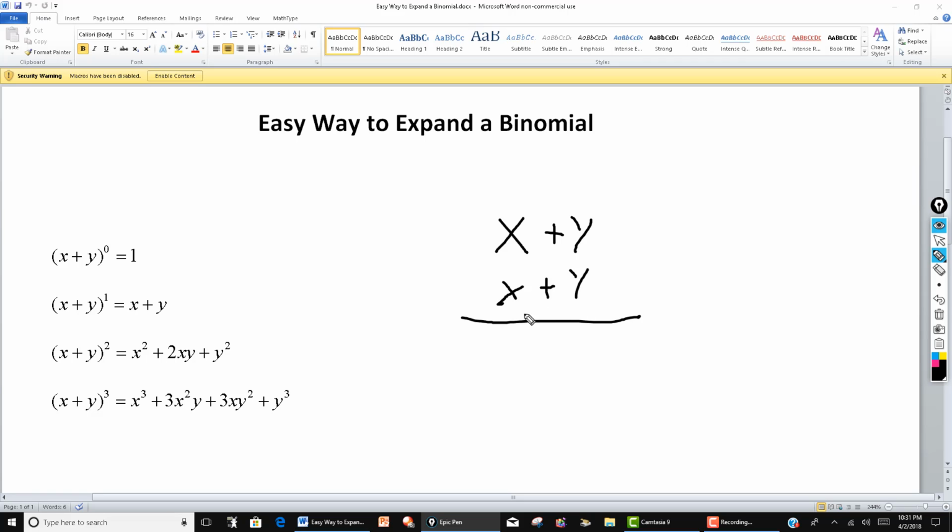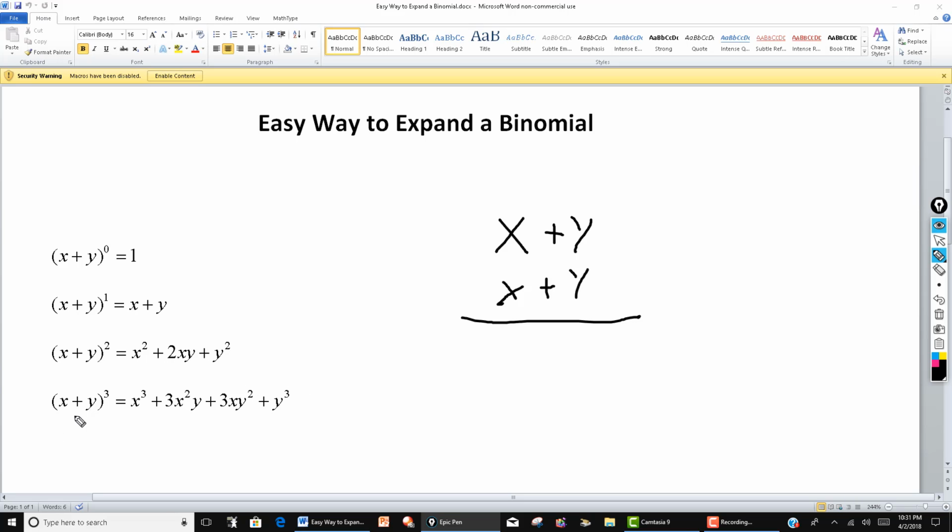Okay, so then multiply this any way you want. X times x, x squared, y times y, y squared. This product this way is xy, this product this way is xy. So 2xy's added together gives me a 2xy. Okay. Or you can just realize if you have a binomial squared, it's the first term squared plus, if this is a plus, double the product of x and y plus the second term squared.